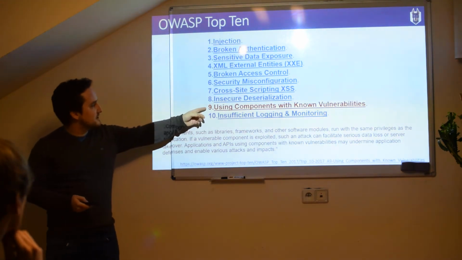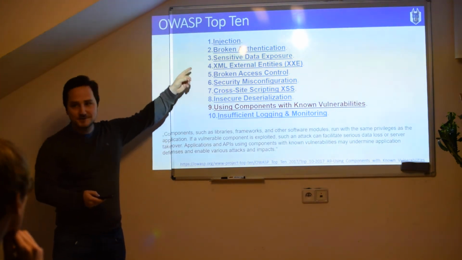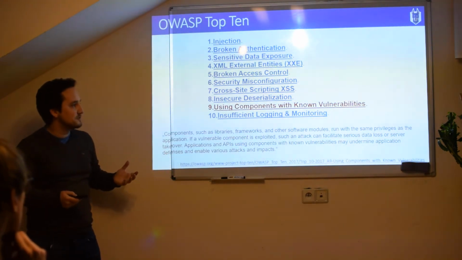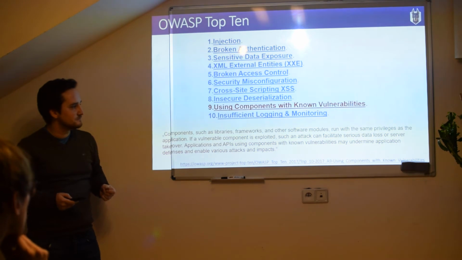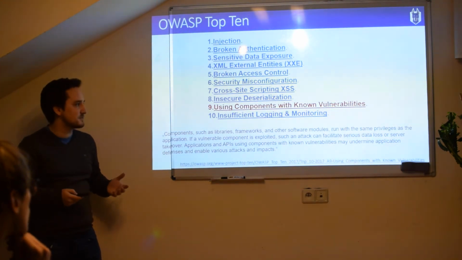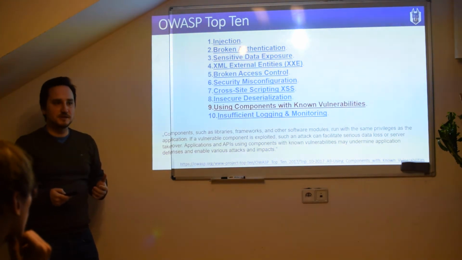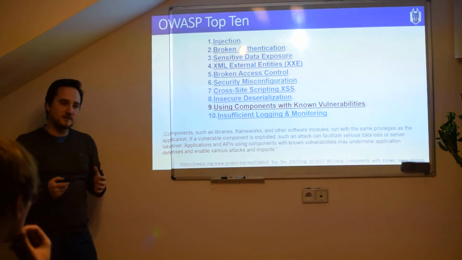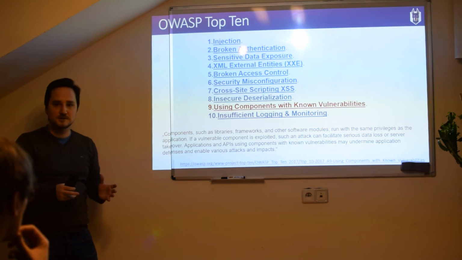Even though this could contain all the other dependencies, it's a separate item on the list because it's that important. It's really dangerous and important these days to make sure that your libraries are secure.